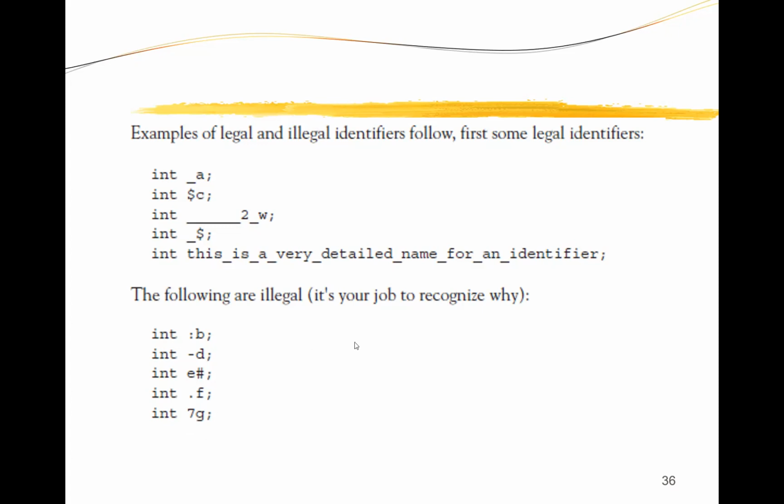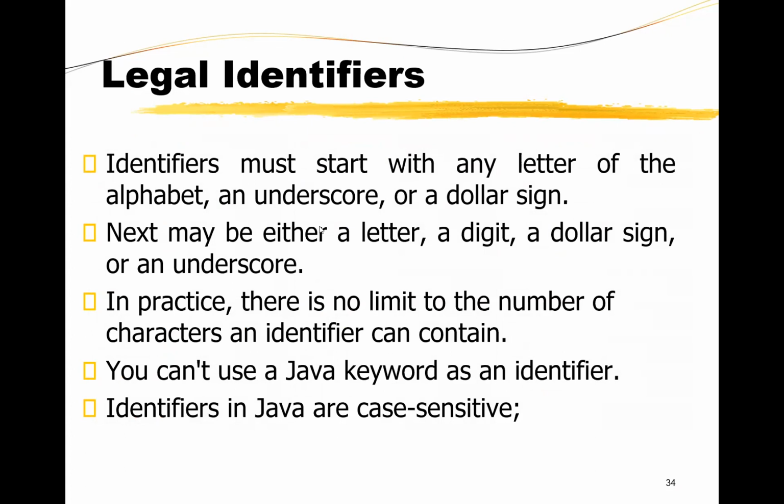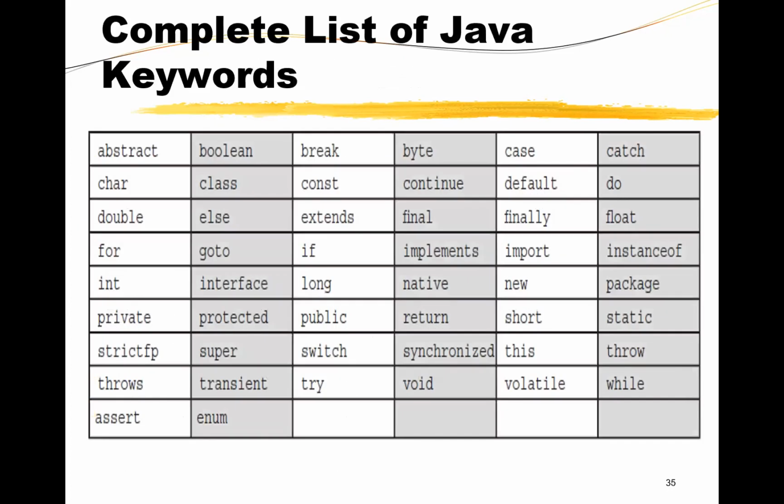Remember the rules we discussed. An identifier must start with a letter of the alphabet, underscore, or dollar sign. Next may be a letter, digit, dollar sign, or underscore. No limit to the identifier length, you can't use Java keywords, and identifiers are case sensitive. Remember that.